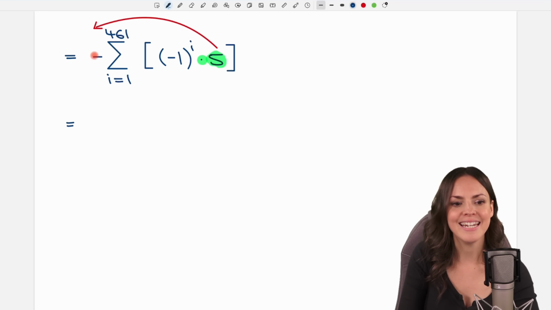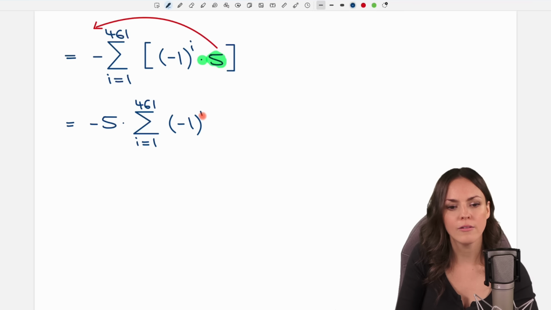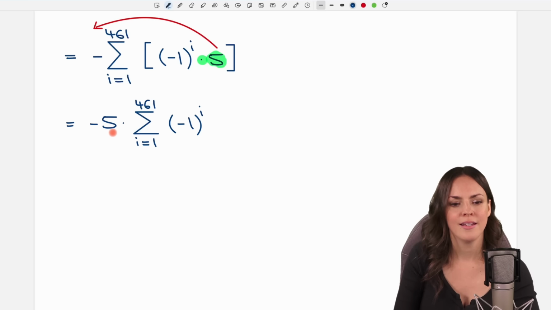So we have the negative 5 in front of our sigma, then this beautiful symbol that starts at I equals 1, goes up to 461, and inside we only have the negative 1 raised to the power of I now, because we took this outside of our sigma here.